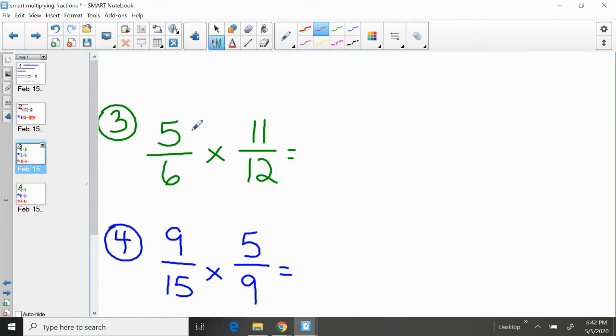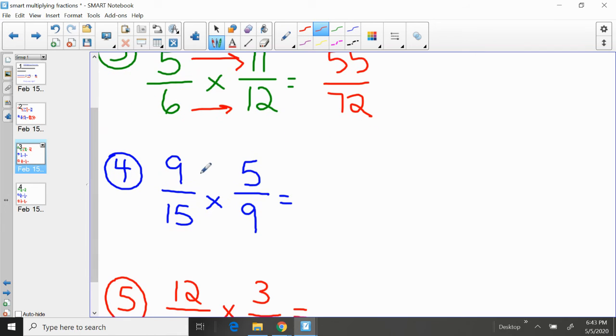Again, continuing here. 5 times 11, that's 55. 6 times 12, that's 72. Going down further, 9 times 5, that's 45. 15 times 9, that's 135.